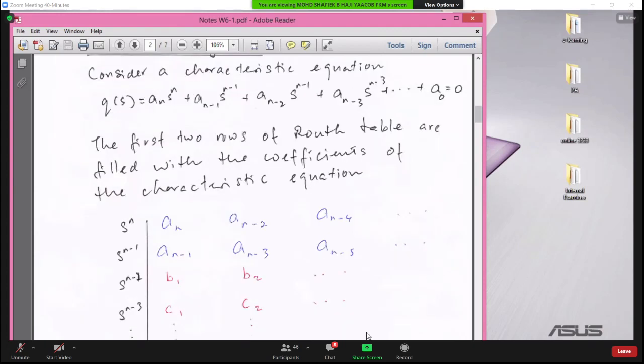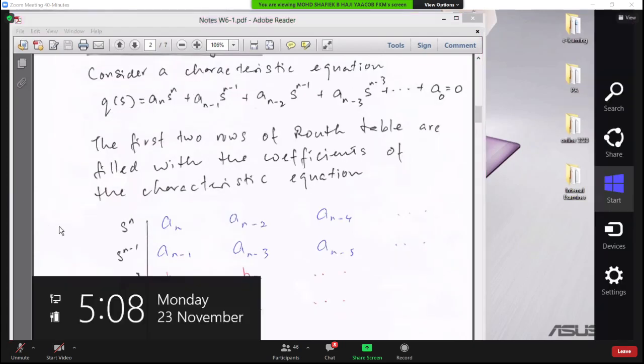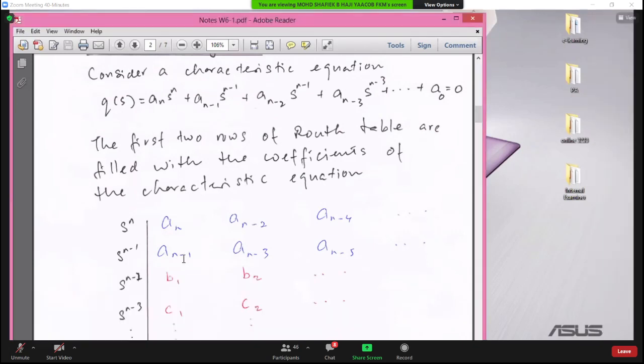The first two rows of the Routh table are filled in using the coefficients of the polynomial. If the characteristic equation is nth order, then you're going to have n rows, starting from s to the power of n and going down to 0.